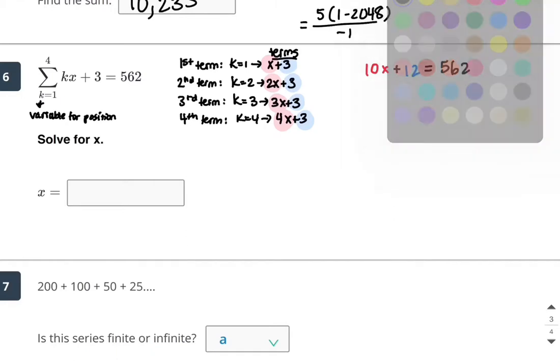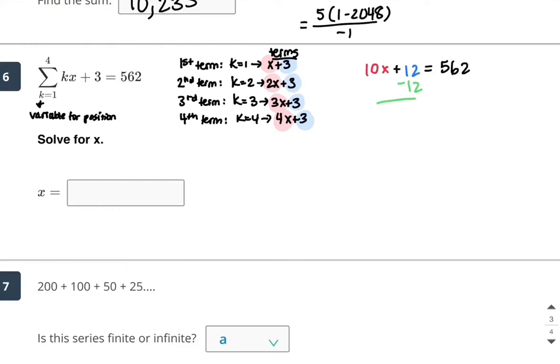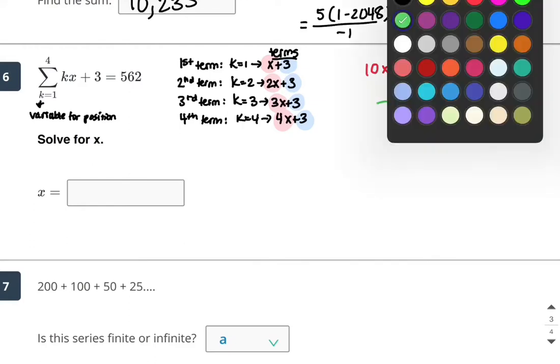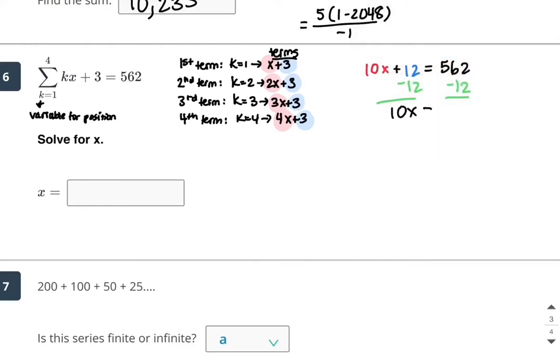I'm going to now subtract 12 on both sides. That's going to give me 10x is equal to 550. I'm going to divide both sides by 10, and that's going to tell me that x is equal to 55. So I solved for x, it's 55.